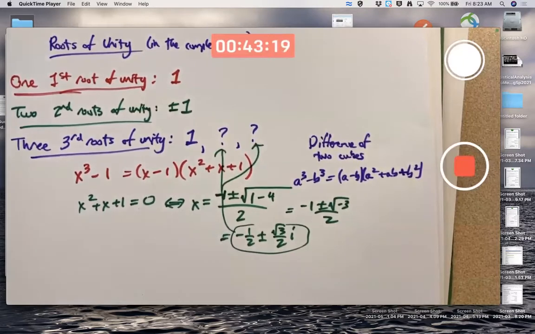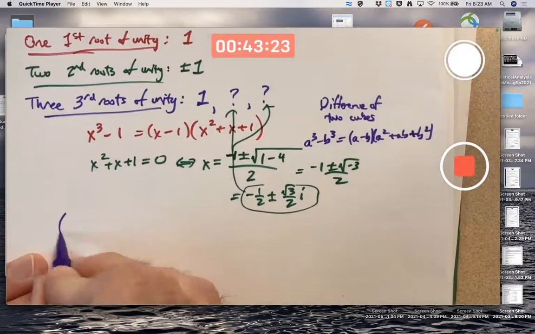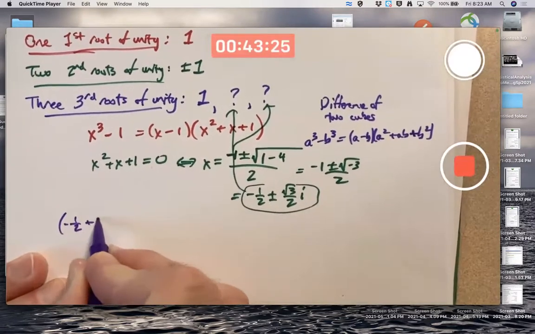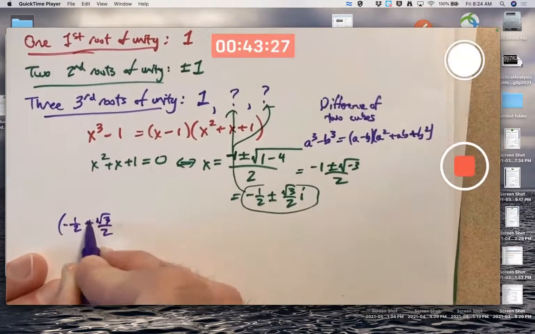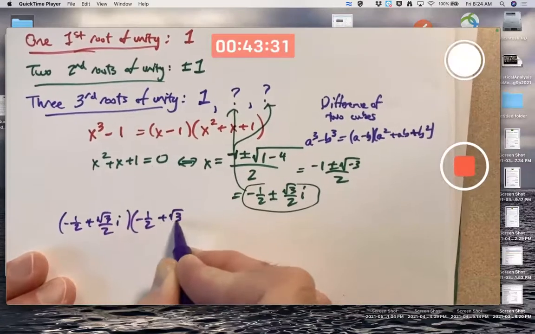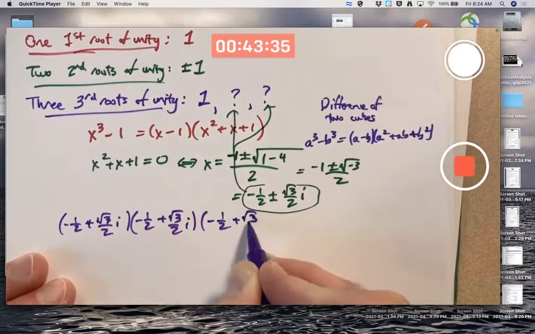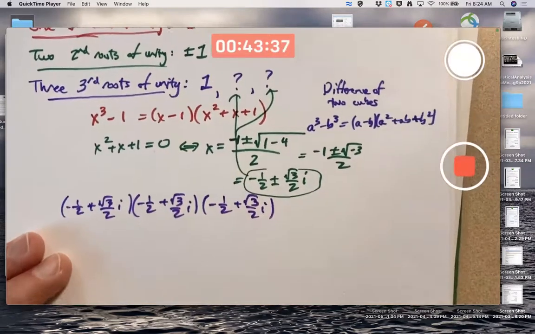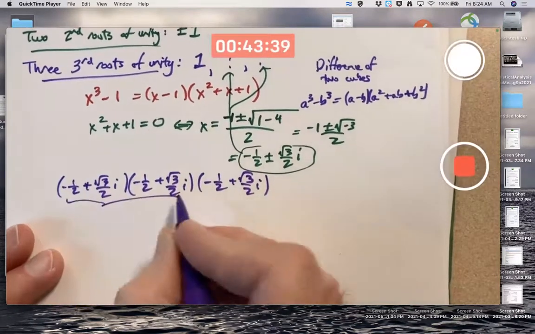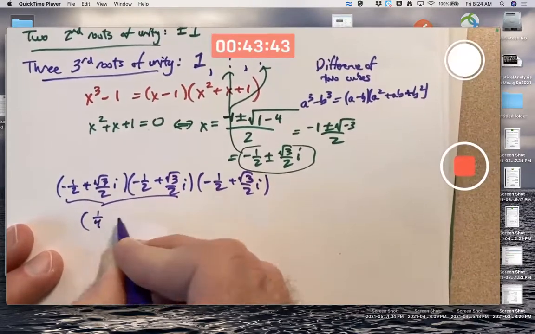Let's quickly check that one of them works. Let's check that -1/2 plus square root of 3 over 2 i, cubed, is 1. This is worth doing once here. Multiply those two with FOIL: -1/2 times -1/2 is positive 1/4.